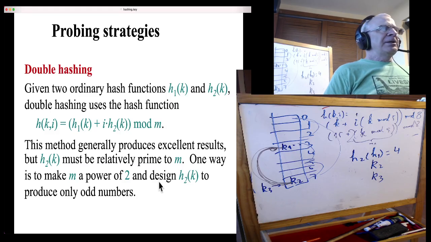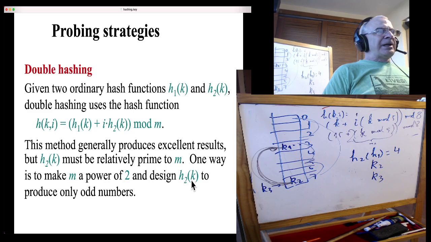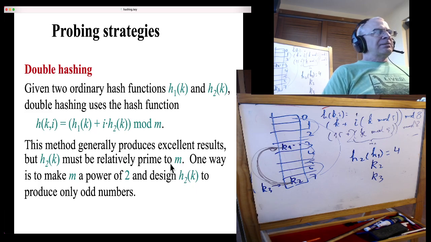So how should you prevent it? You look at the value of h2, and you check that it returns a number which is relatively prime, doesn't have any common factor, with m. How can you do it?